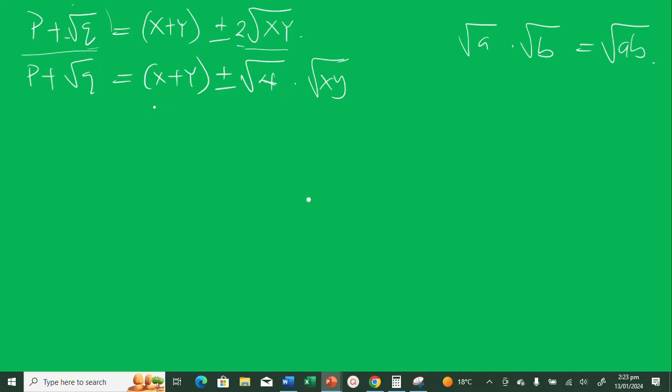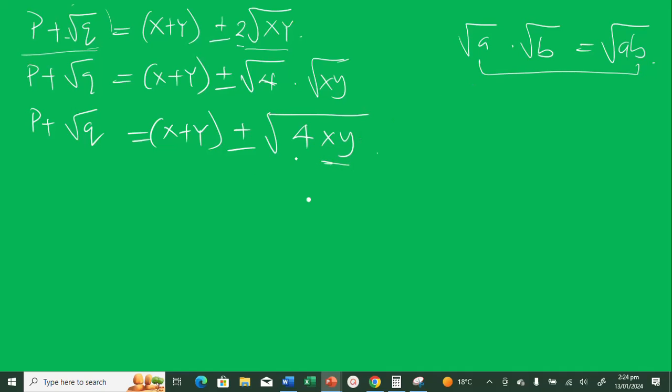So we apply that rule here: p plus the square root of q is equal to x plus y plus or minus the square root of 4xy. Now, if you check, the coefficient of this term here is 1, the coefficient here is 1. So they are of the same form now.